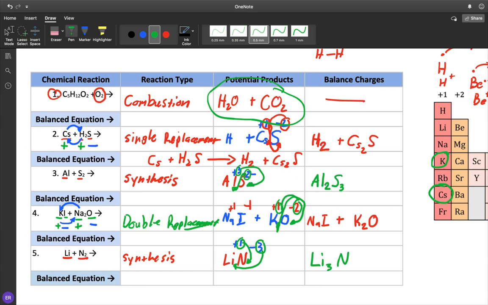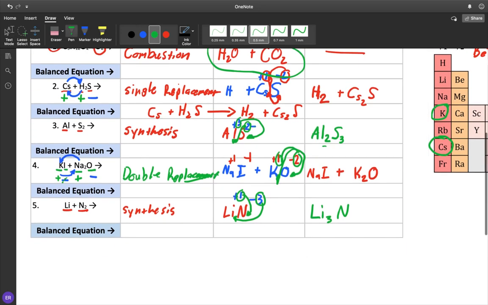And then we determine what the new subscripts are by determining the charges of each of the elements. So if the charges are the same, we leave it alone. But if they are different values, then we do the cross method by switching the values. Okay. And then again, double replacement, just making sure that we are changing the appropriate ones.